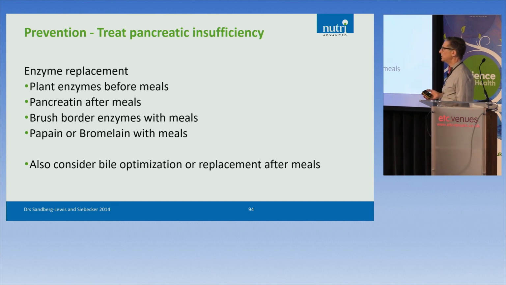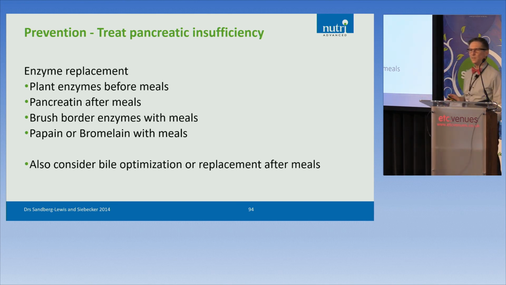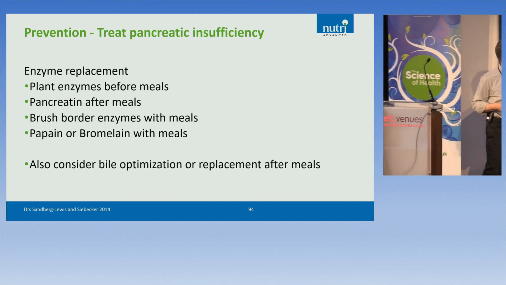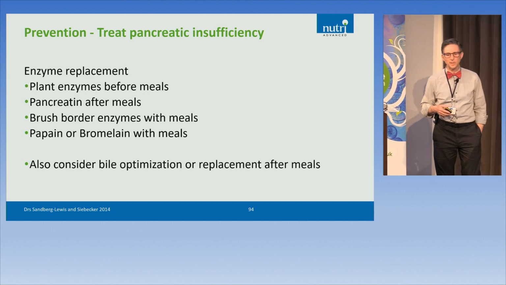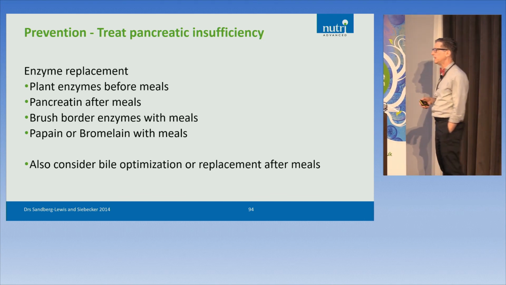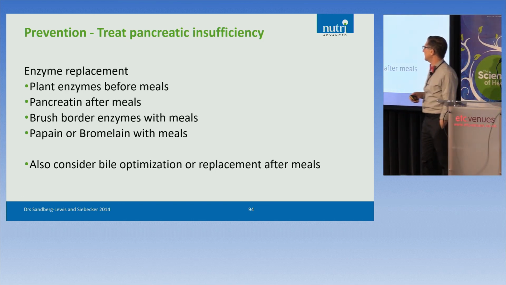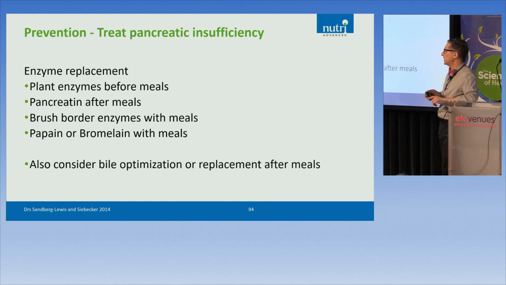Enzyme replacement, or any way that you can get the enzymes to increase in amounts. I tend to use the plant-based enzymes before meals because they can work in the stomach at any pH from 2 to 12, they say. Tend to use pancreatin or pork-based, animal-based enzymes after meals because they work in a more alkaline pH.